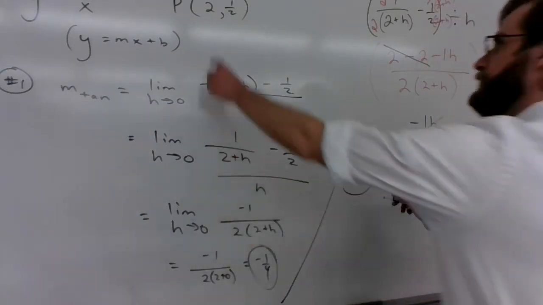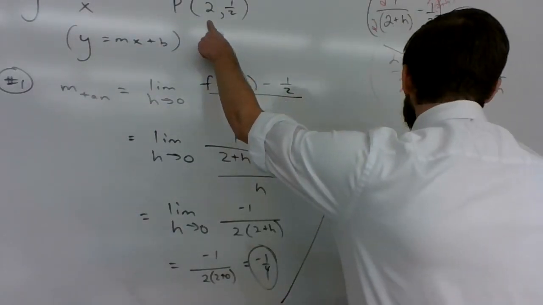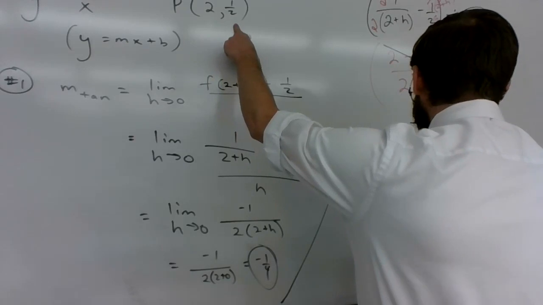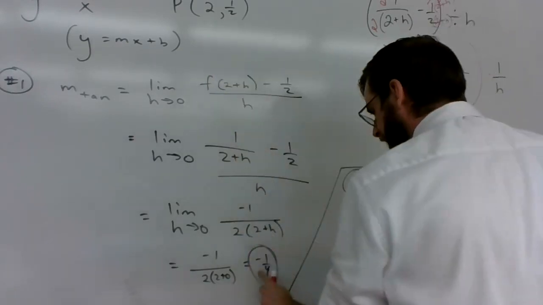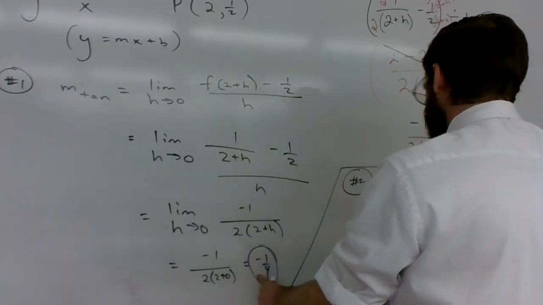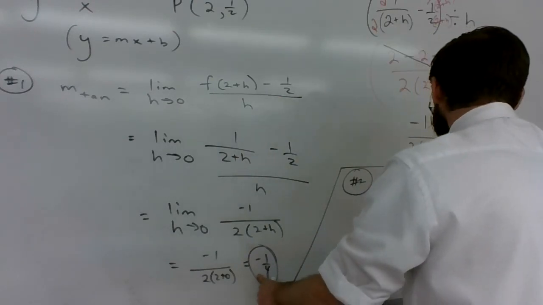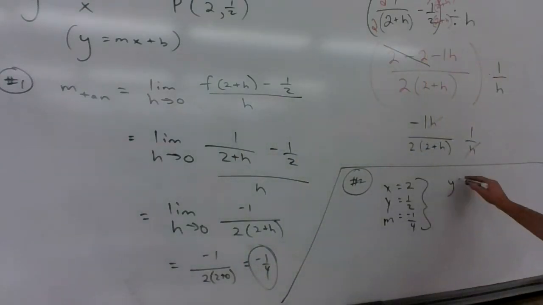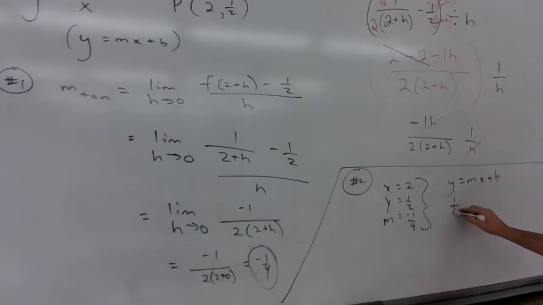I'm going to choose x equals 2, y equals a half, and negative 1/2 is my m. Sorry, negative 1/4. Negative 1/4 times 2 is negative 1/2.